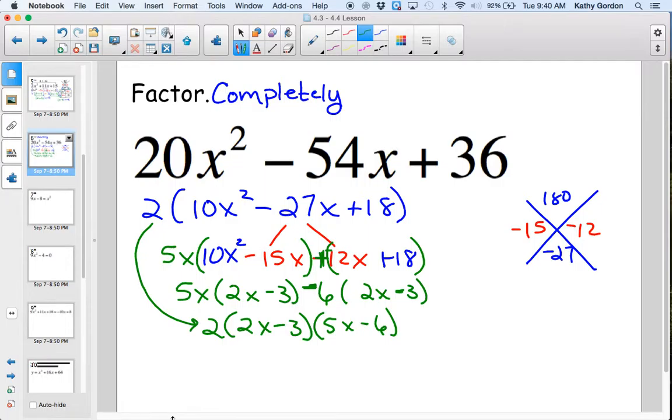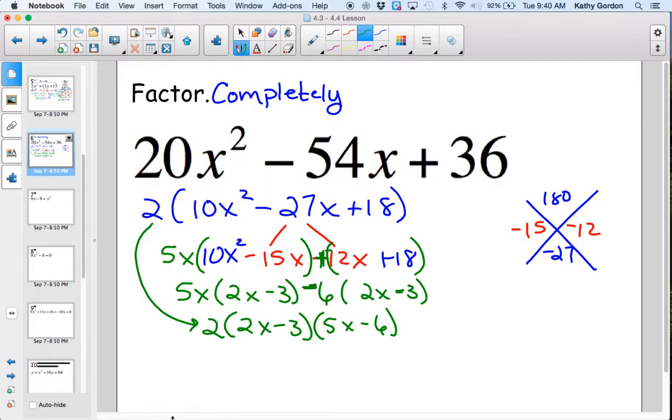Now, some of you actually went through the work and managed to figure out from 20x squared and 36 what you should use. You probably have one of your two factors that has a common factor in those two terms. So you're not completely factored anyway. So why not take the common factor out at the beginning and make your life easier?